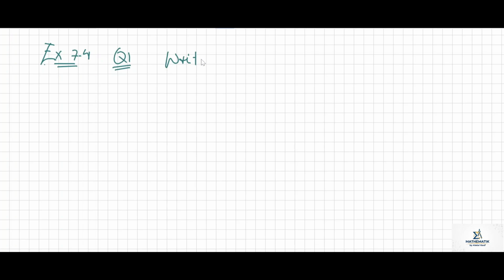Write each of these as an integer or a fraction. Given two options: as an integer you have to write, or in fractional form, as a fraction. We have part A.